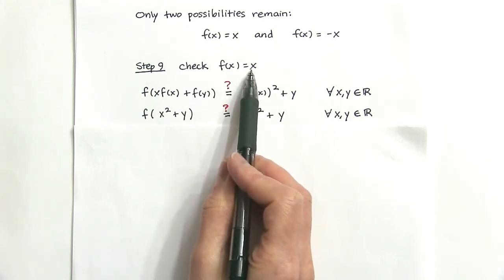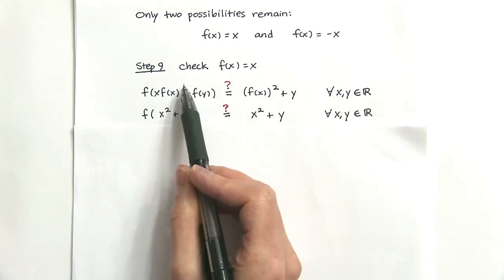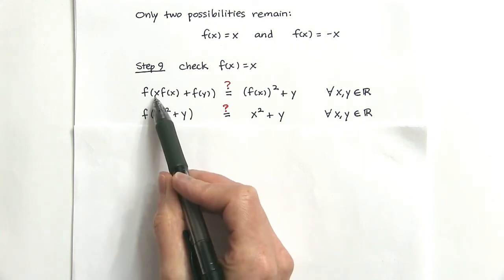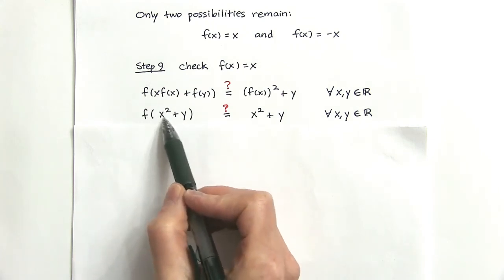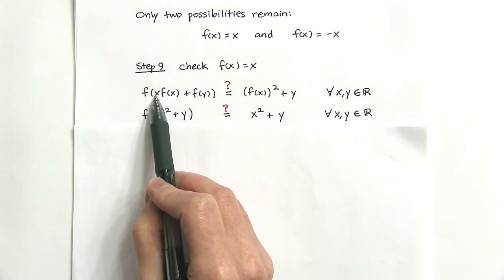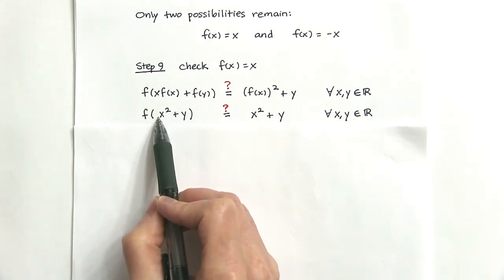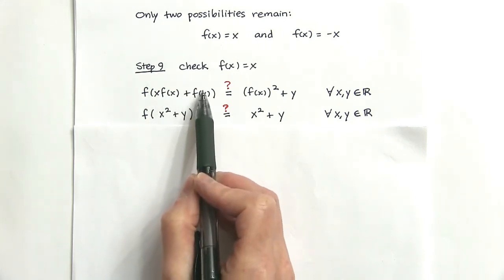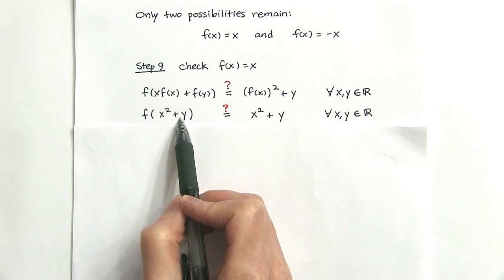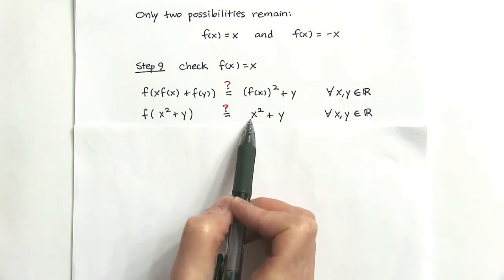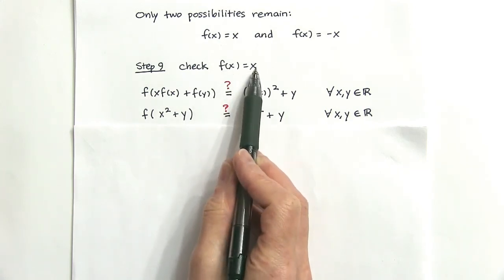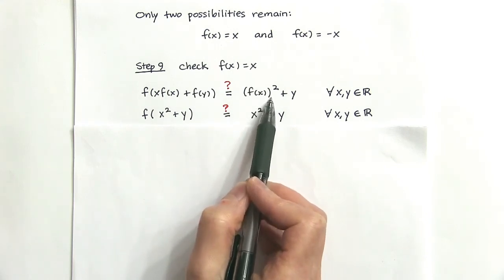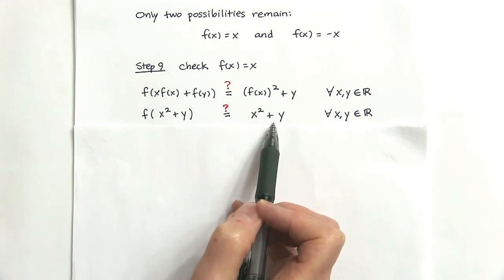Well, f at x is x, so the left-hand side becomes f evaluated at x times x, which is x squared, plus f at y, which is y, and the right-hand side becomes f at x is x, so this is x squared plus y.